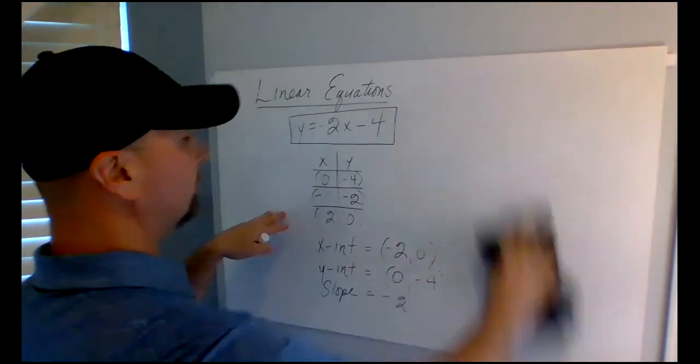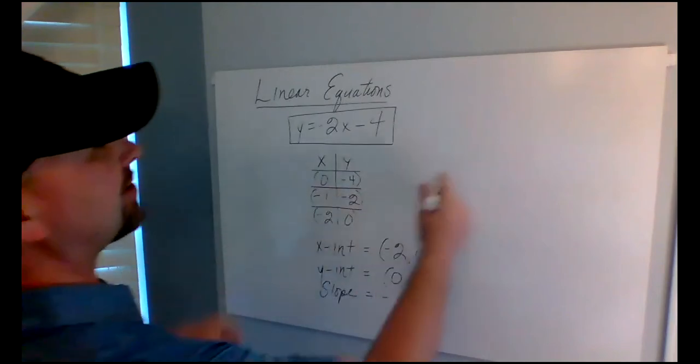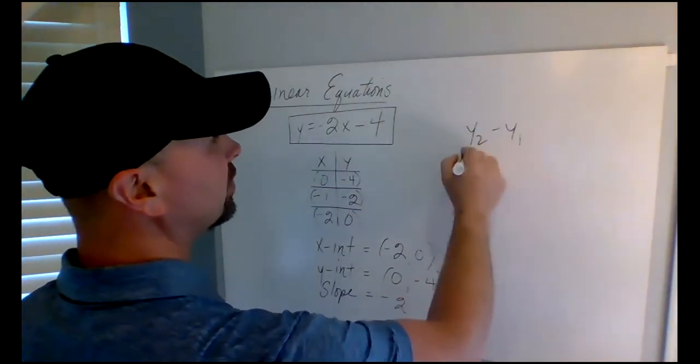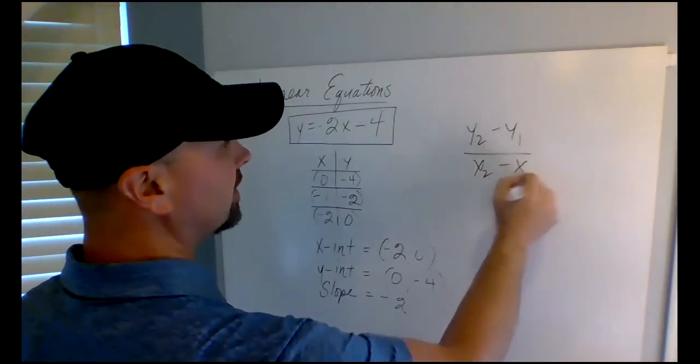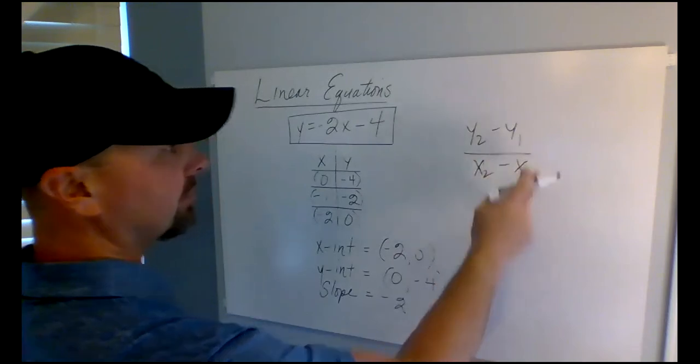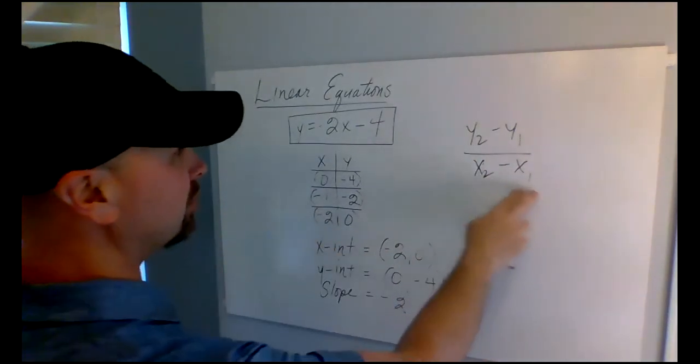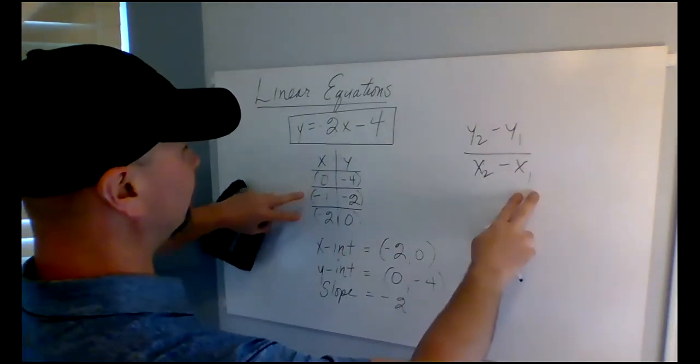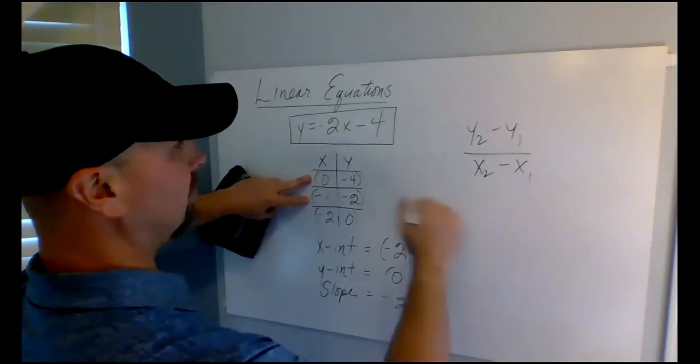And lastly, let's look at how we're going to get that slope from the table. Maybe we don't have a graph. From the table, we're going to use our formula: y2 minus y1 over x2 minus x1. Let's just pick the first two.